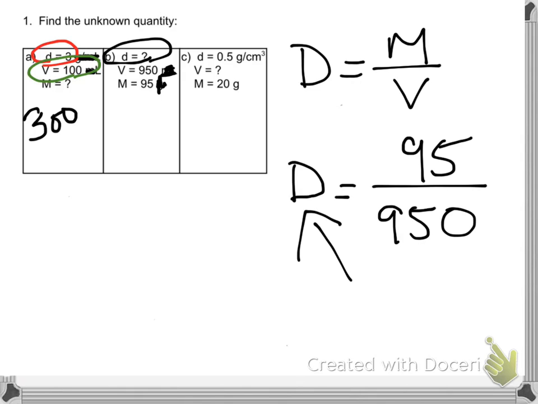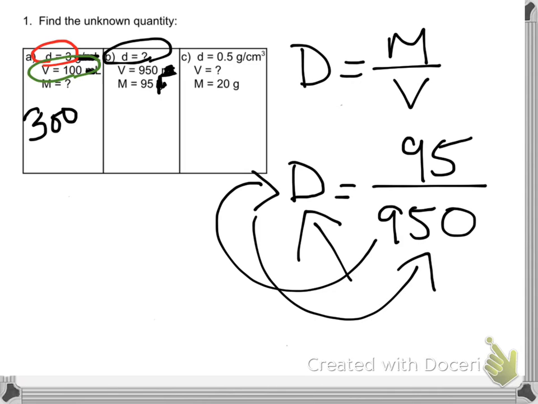I could multiply both sides by 950, but then that would bring that 950 over here, and then I'd have to undo that and be right back here. So no, I'm not going to multiply both sides by 950. I'm going to get my answer, which is here already.